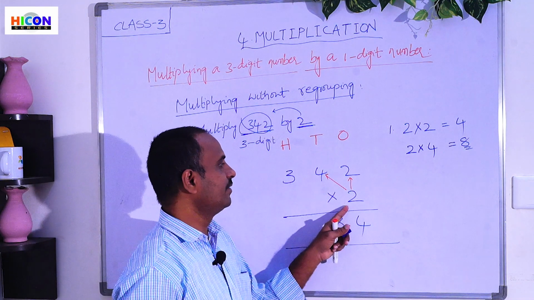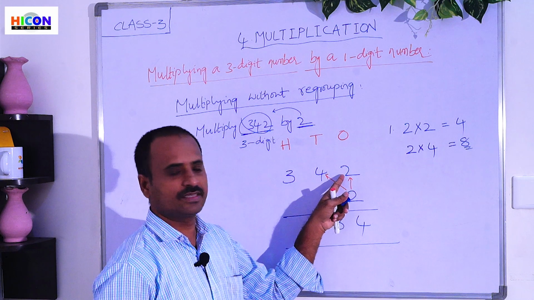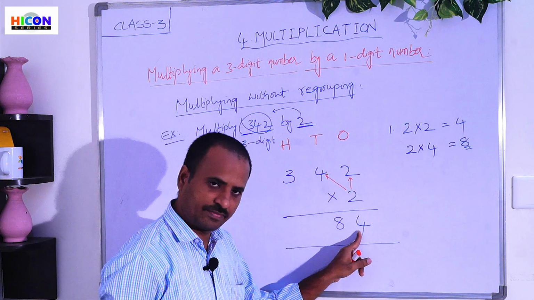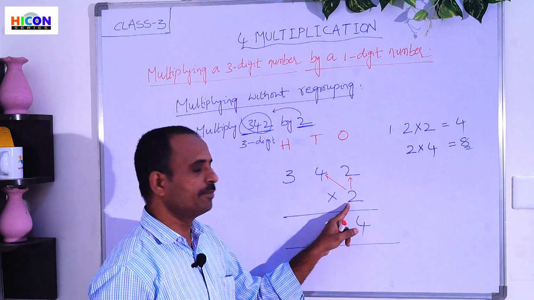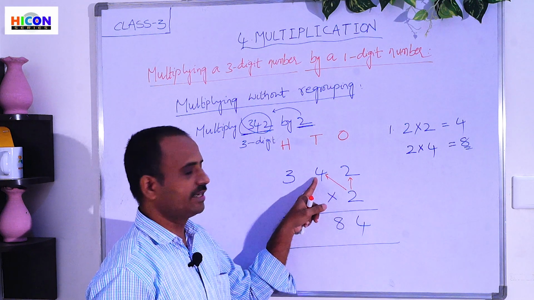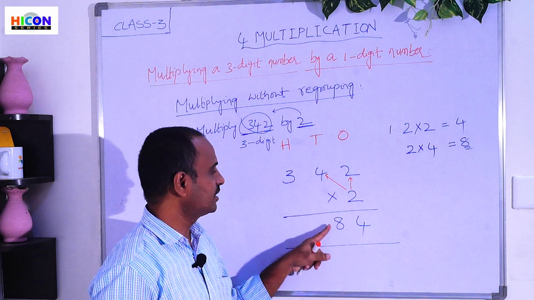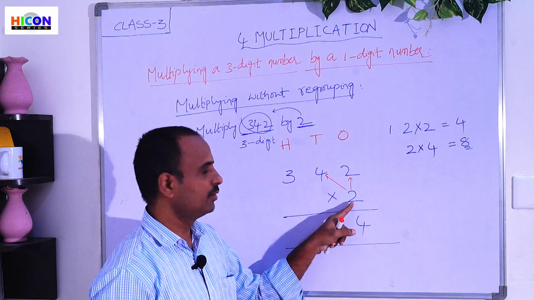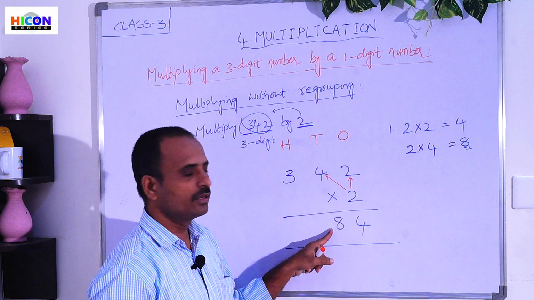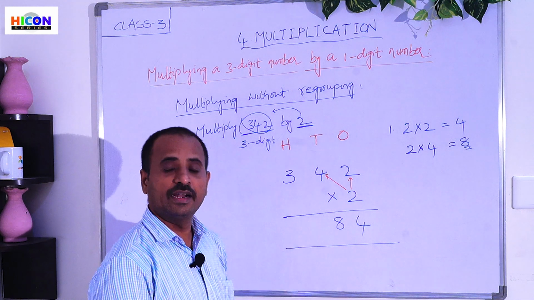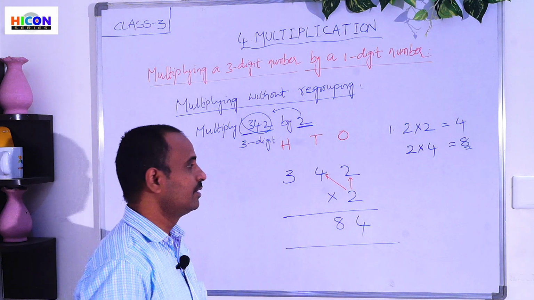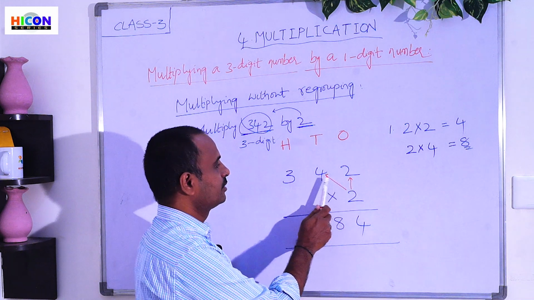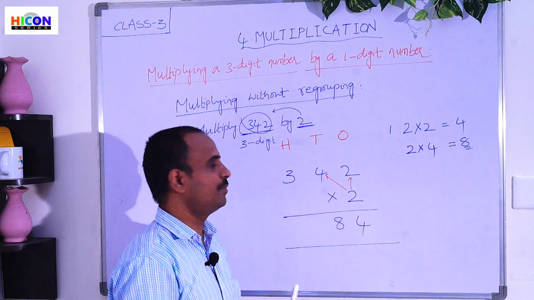Multiply with the digit present in the ones place and write the answer under ones place. Multiply the digit present in the tens place and write the answer in the tens place. Here, multiply 4 with 2, 2 fours are 8. Ones place is completed and tens place is completed.